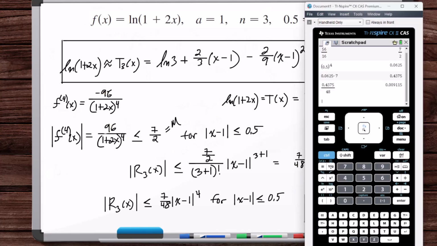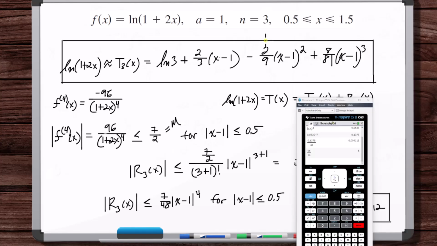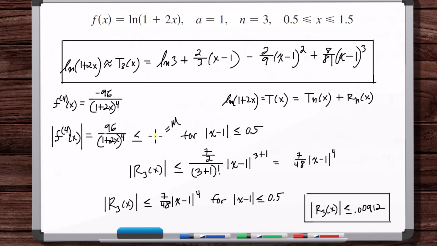Okay, so now we plugged in 0.5. So 2 to the 4th is 16. So it's 96 divided by 16, which is 6. So capital M is 6. Okay, 6 divided by 24, 6 times 4 is 24, so 1/4.